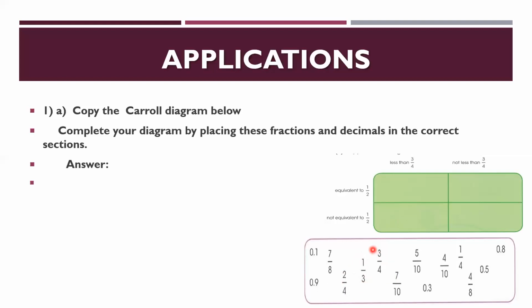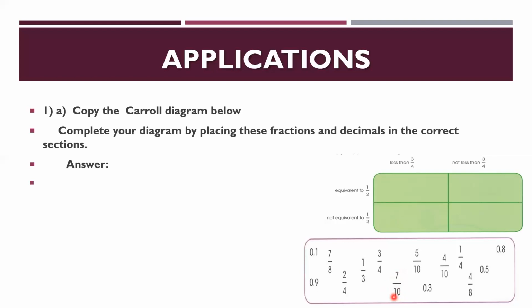Actually, we need to take numbers that are less than 3 by 4, so this is not applicable. What about 7 by 10? Is this less than 3 by 4?